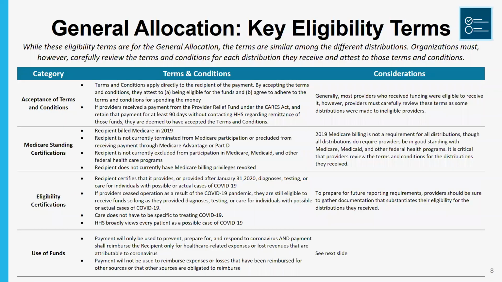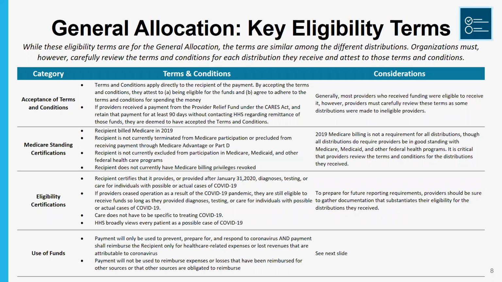Tracy, if you go to the next slide. Okay, so this really goes through, and I'm not going to belabor this. These are the key eligibility terms for receiving the provider relief funds.